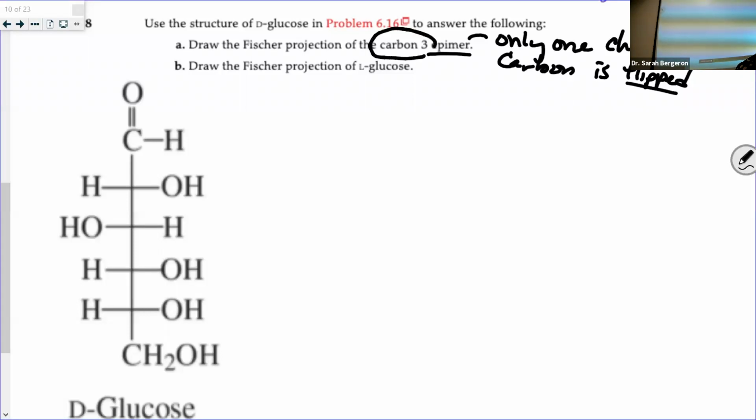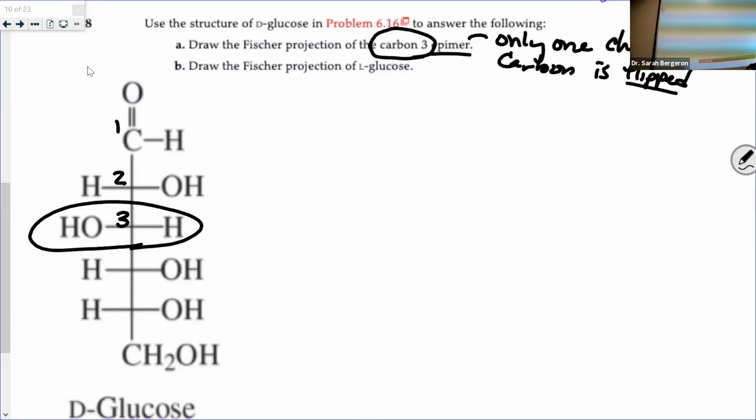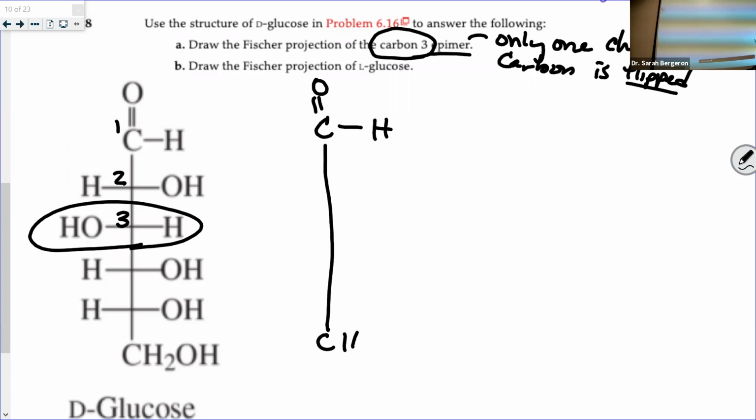I need to find carbon 3. So where's carbon 3? Here's carbon 3. So what do I do? Draw everything the same except for that one carbon.